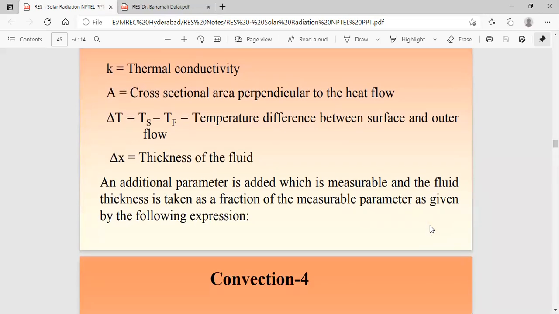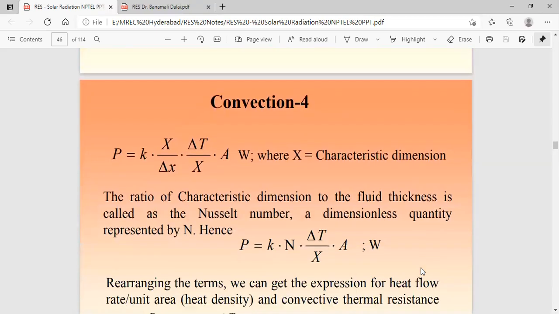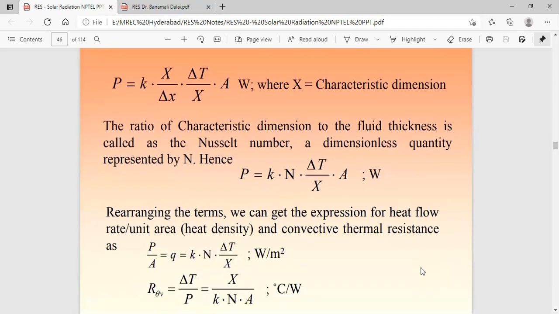An additional parameter is added, which is measurable, and the fluid thickness is taken as a fraction of the measurable parameter as given by the following expression. P equal to K into X divided by del X into del T divided by X into A, where X is the characteristic dimension.